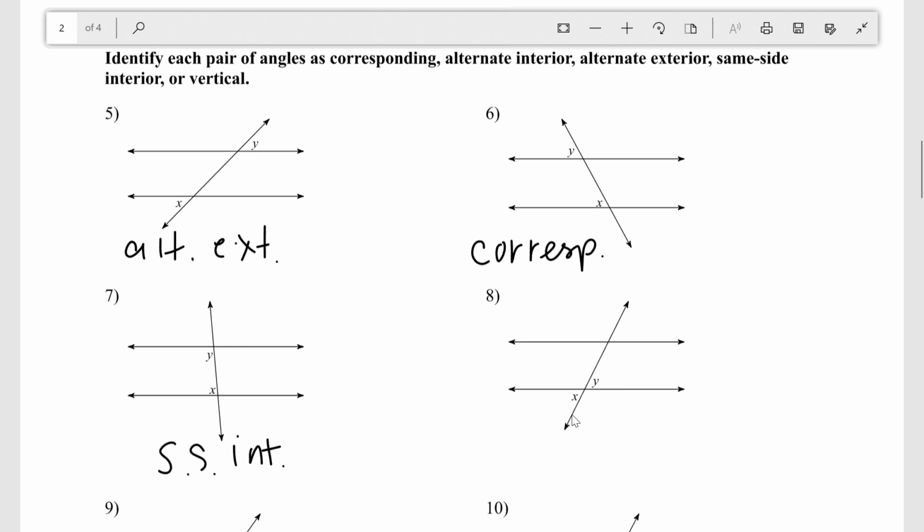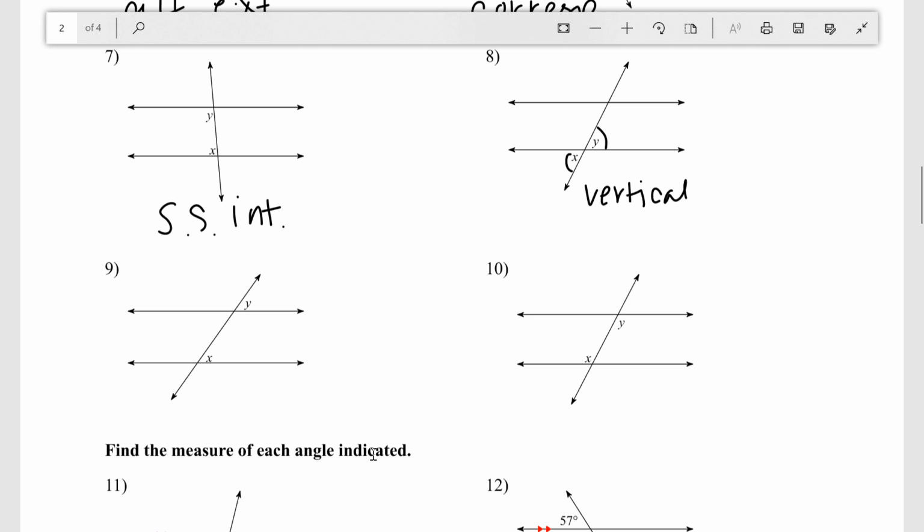Number 8, we're seeing x and y straight across from each other on this intersection right here, creating that bow tie, giving us vertical angles. Number 9, again, we have the same side of my transversal, but one is inside, one is outside.